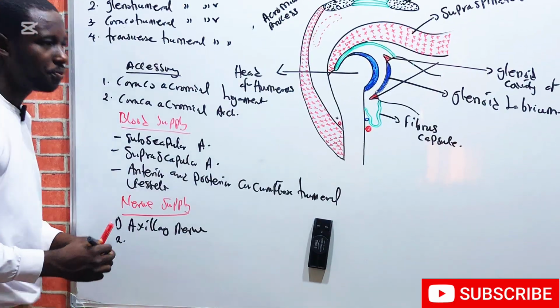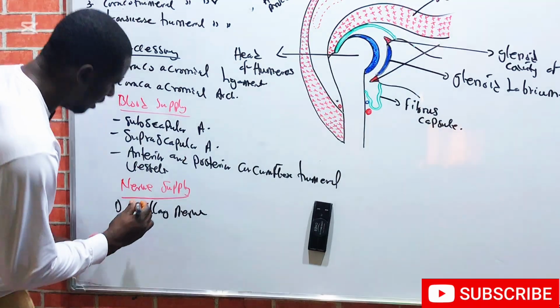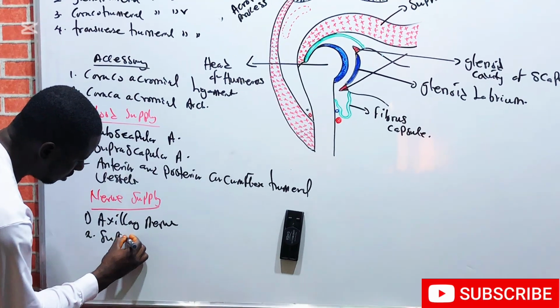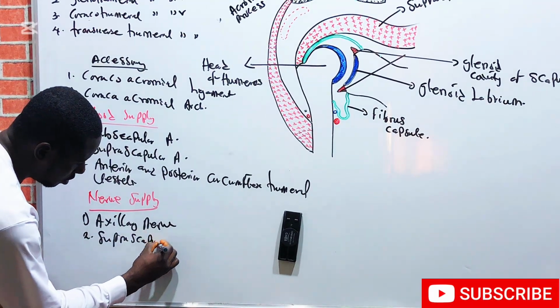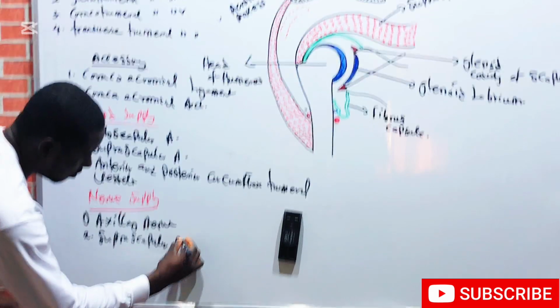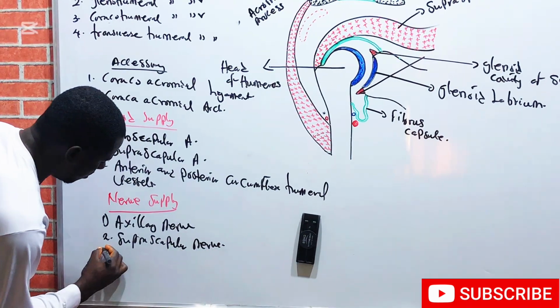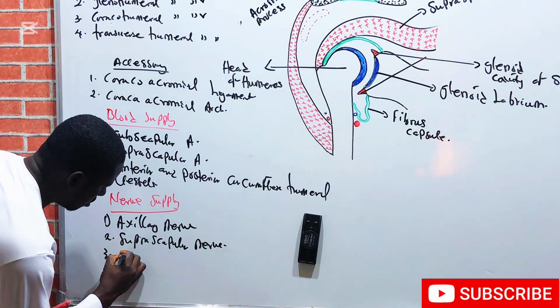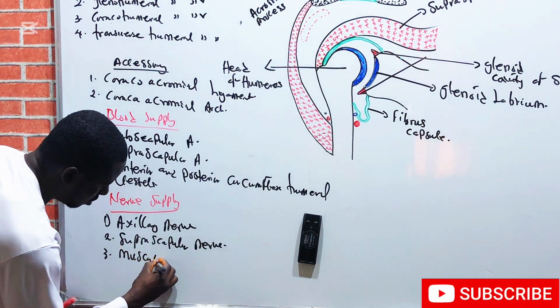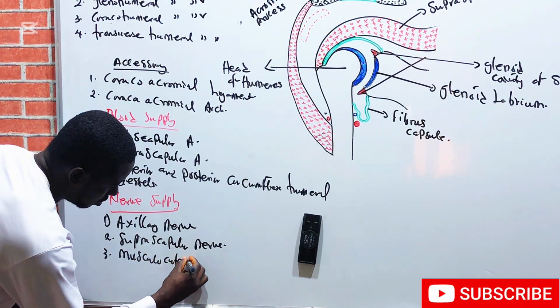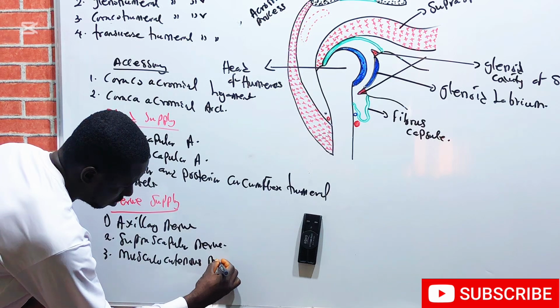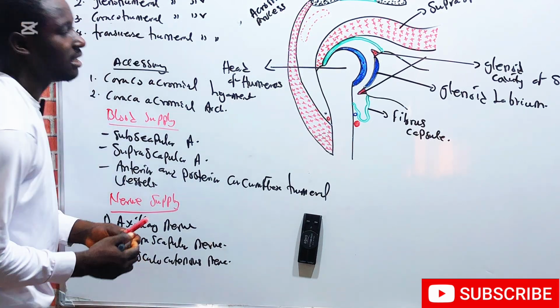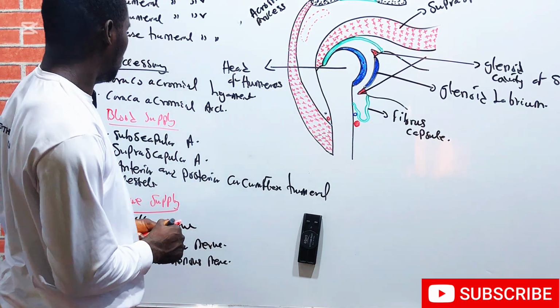The number two is the suprascapular nerve. While number three is the musculocutaneous nerve. So these are the nerves that innervate the structures of the shoulder joint.